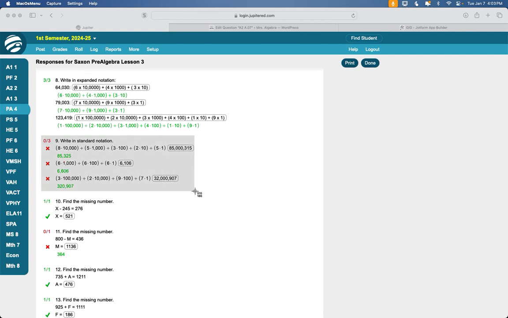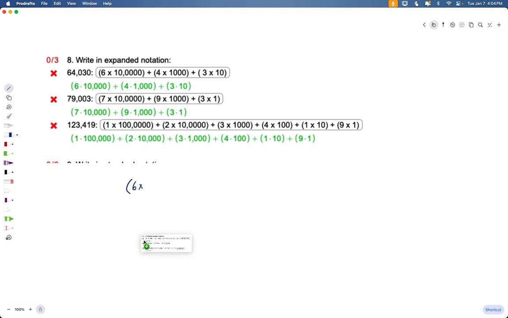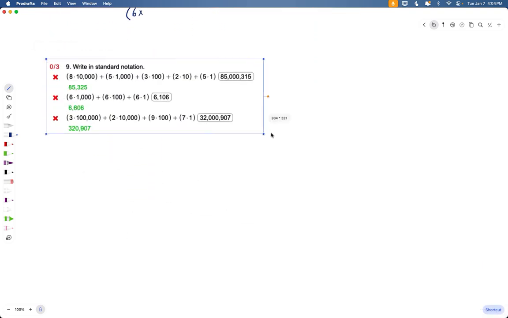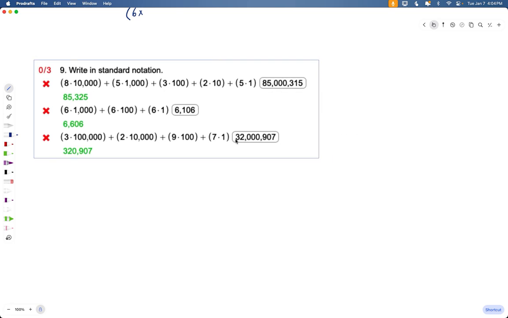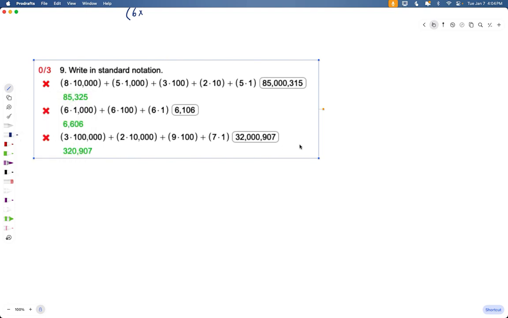Let me show you a way to do those that might help you out. Let's bring that over here. As you're doing these problems, there's not going to be a whole lot of these. We're not going to spend a lot of time because they're fairly explanatory, and we'll get past them pretty quick.